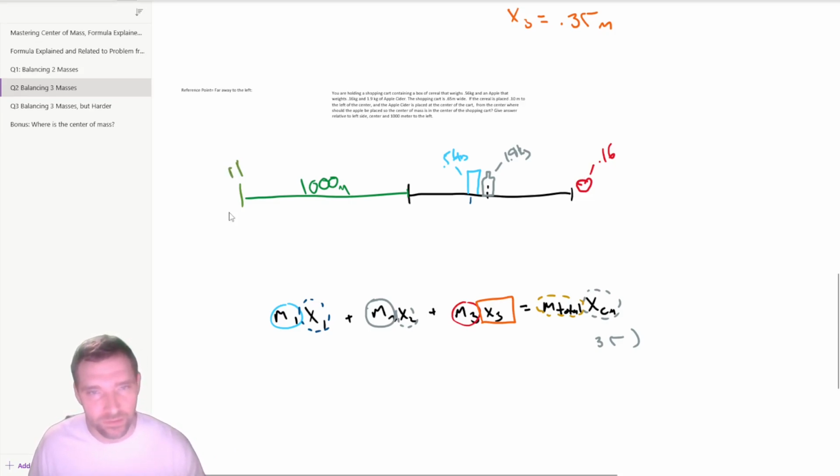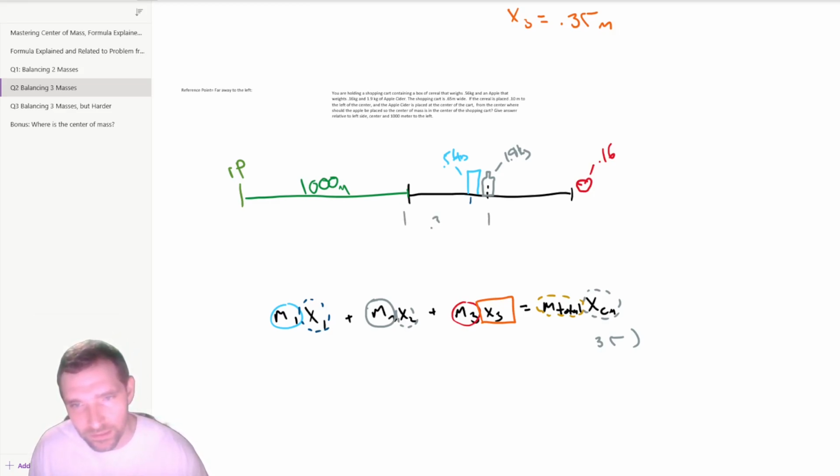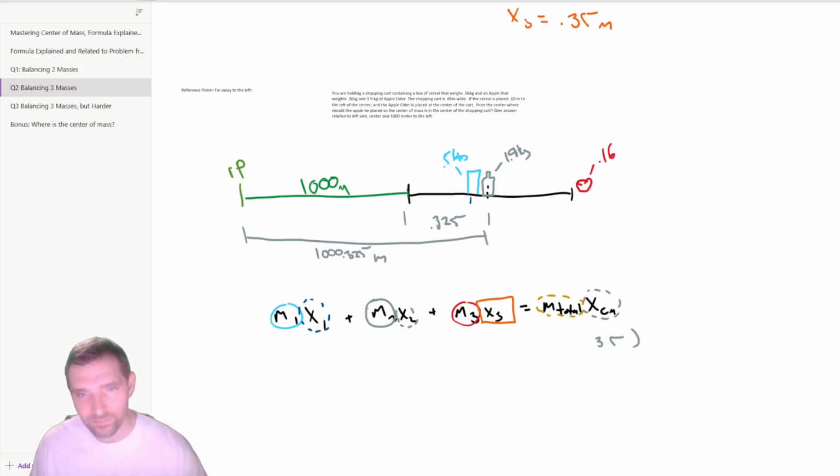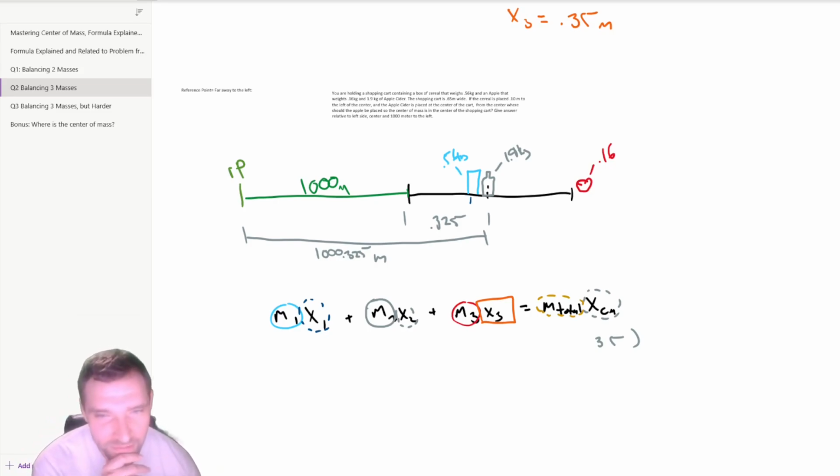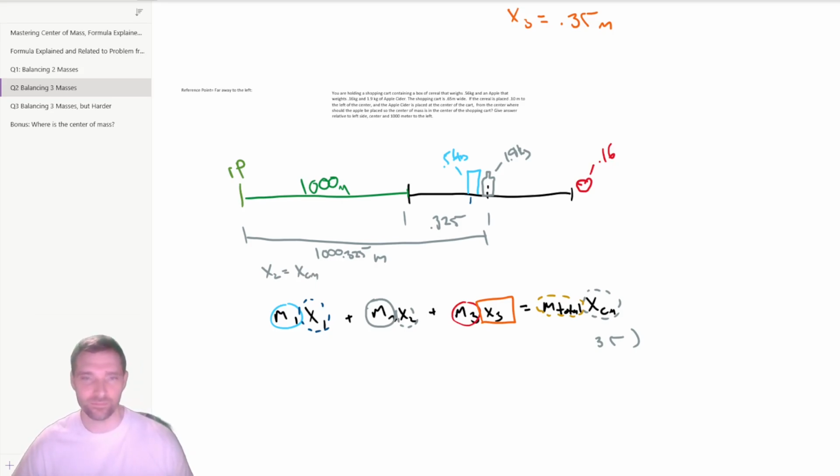So we'll have this reference point over here, and we'll have relevant displacements. So we can use some numbers that we previously had calculated. We had said that this to there was 0.325. So now going from here to there, you're going to get 1,000.325 meters. So it's pretty far to get to the center of mass. But that's going to be your x2 value as well as your x of the center of mass.